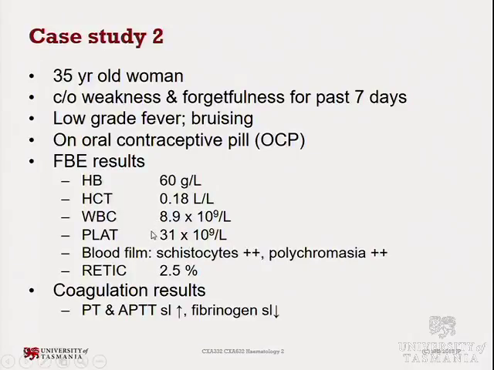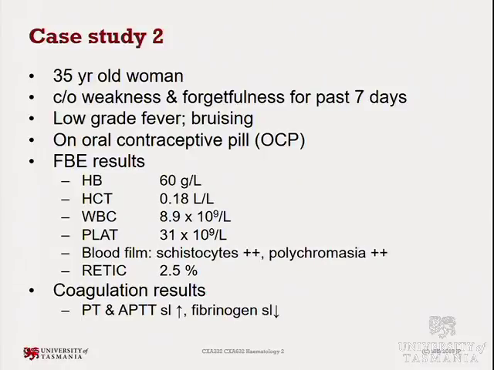And our platelet count is 31, so that could explain the bruising. We've got a very low platelet count. And her coagulation results aren't that significant really.